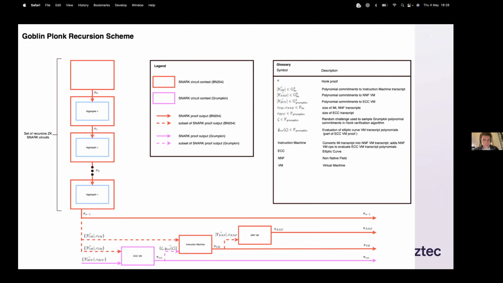So if one is ruthlessly focusing on optimizing the proof efficiency for the person constructing this Goblin stuff, you'll want your main recursive circuits to be over your cheaper curve, which will be the KZG curve. But there's no fundamental reason you couldn't flip the curves around.